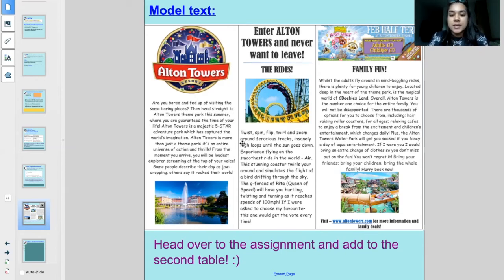The rides. Twist, spin, flip, twirl, and zoom around ferocious tracks, insanely high loops until the sun goes down. Experience flying on the smoothest ride in the world, air. This stunning coaster twirls you around and simulates the flight of a bird drifting through the sky.